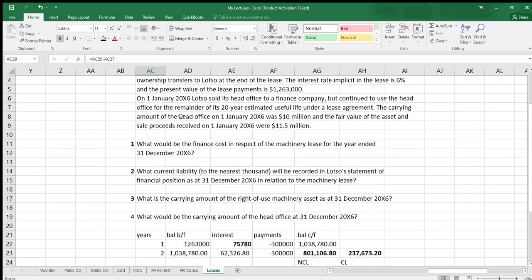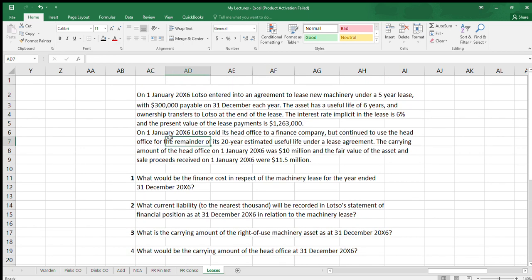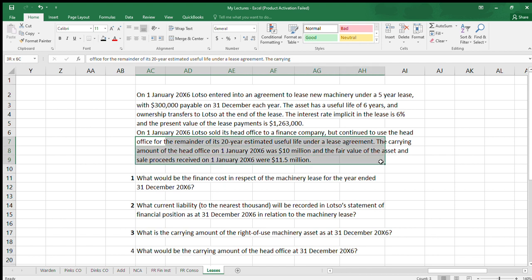The same thing applies to this one. Here, what will be the carrying amount of the head office? Head office with a 20-year estimated useful life under a lease agreement. Here the lease is only 1 year, so no lower of anything. So here 20 years, and on 1st January 20X, the head office had a carrying amount of 10 million. So that 10 million divided by the 20 years.